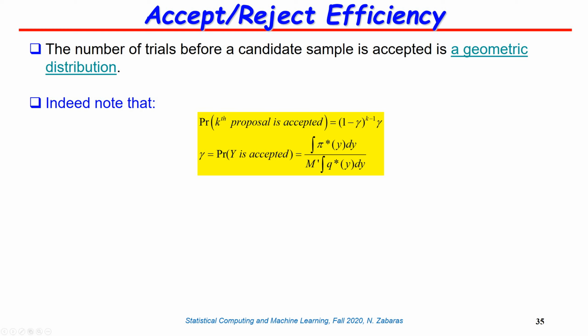So immediately you can see that the expected number of trials before accepting a candidate proposal is 1 over gamma, and gamma is given by this formula that you see here. So effectively the number of trials before accepting a proposal, you can think of as being an unbiased estimate of 1 over the probability of accepting a candidate.